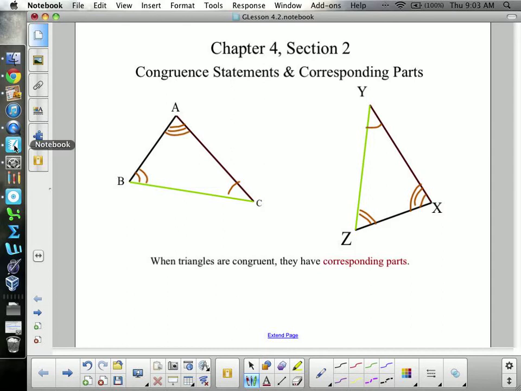And if I can show that enough corresponding parts are congruent, then we'll learn some shortcuts that tell us the triangles themselves are congruent. That's the idea we're after here, is identifying and being able to show that corresponding parts of triangles are congruent, because once I do enough of those, then the triangles themselves become congruent. So corresponding parts. That's the key idea that we're working with here.